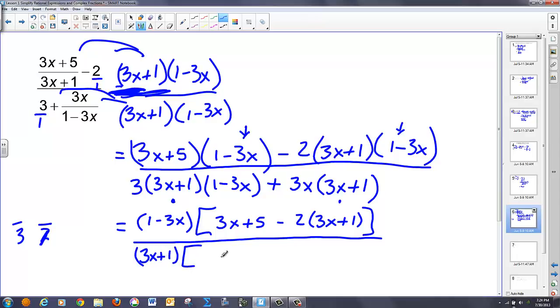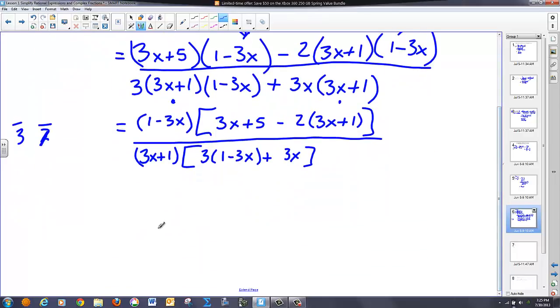And after factoring that out, I'm left with 3 times 1 minus 3x plus 3x. So now we just have to simplify the numerator and denominator and see what we have left.